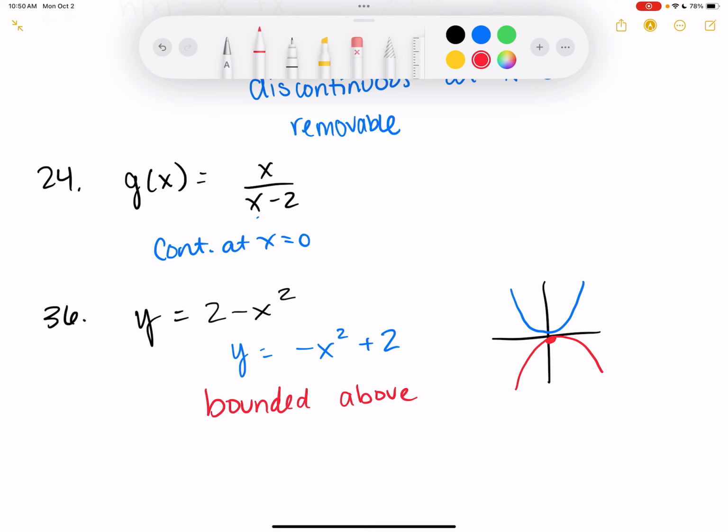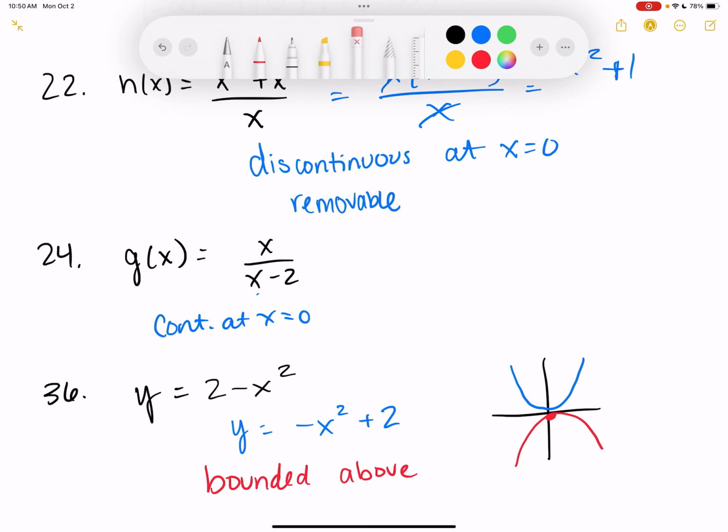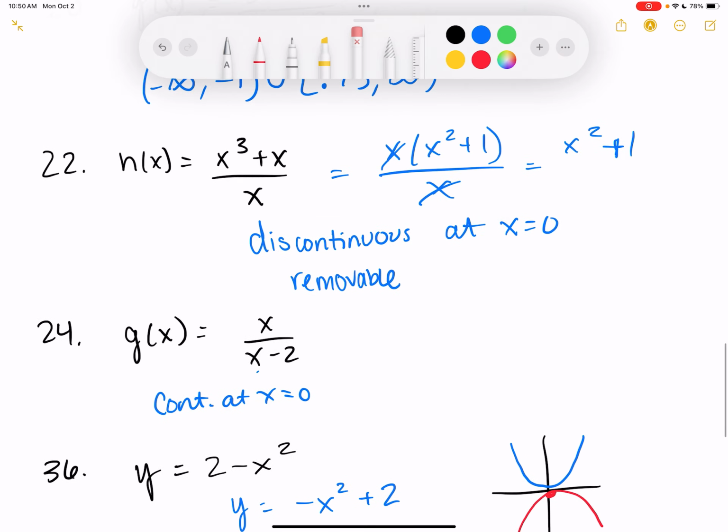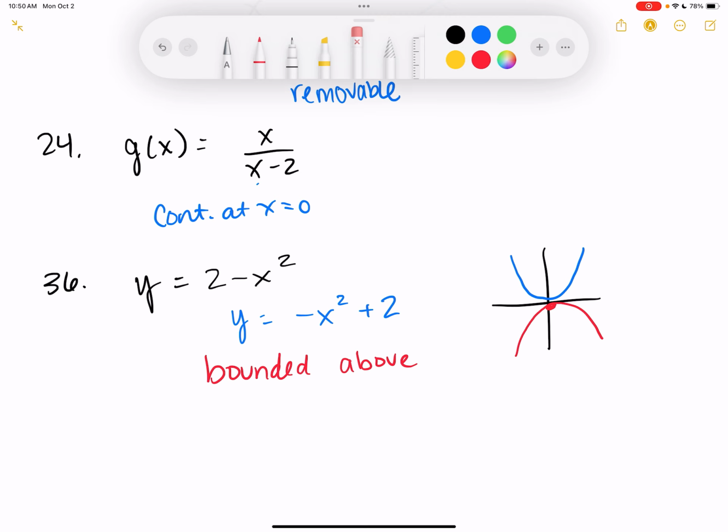And I will tell you some functions are not bounded above or below. So like the function that we did, this one technically is not. Or wait, hold on. Yeah, that one wouldn't be bounded. Let's look at 38.